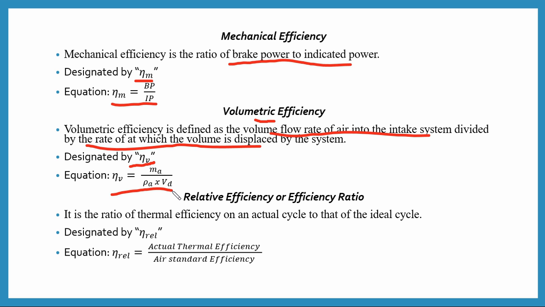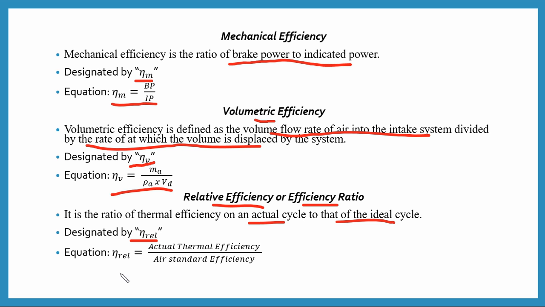After the volumetric efficiency, next is relative efficiency or the efficiency ratio. It is the ratio of the thermal efficiency of an actual cycle to that of the ideal cycle. It is designated by eta REL, meaning relative.